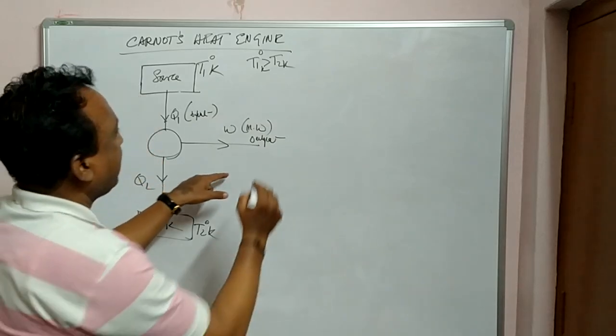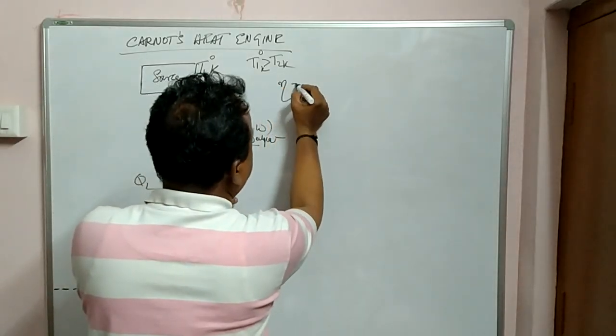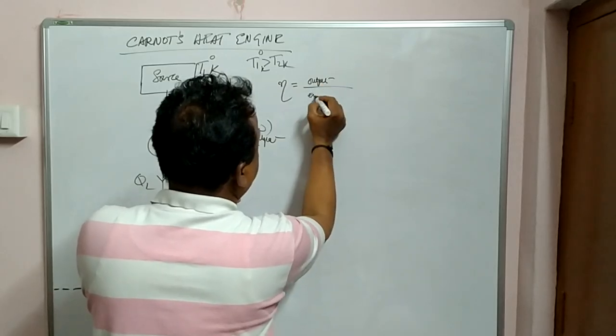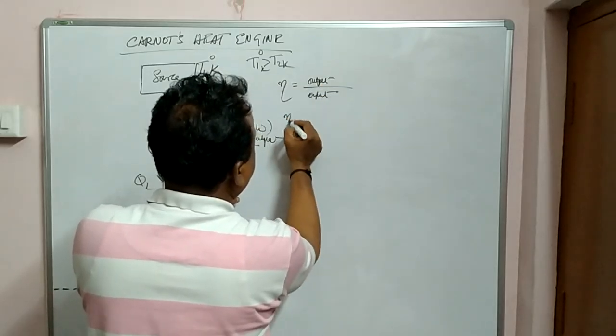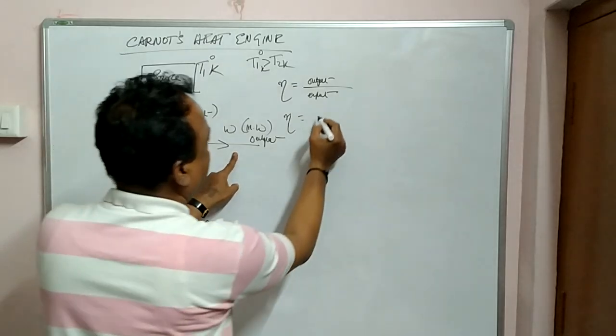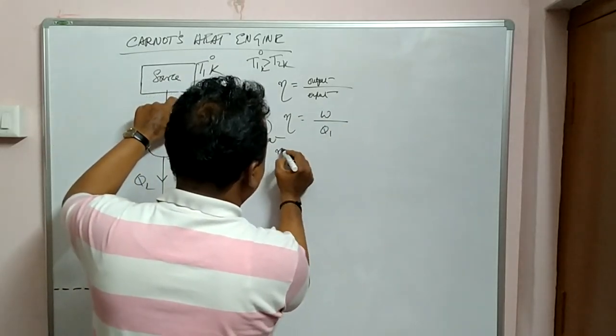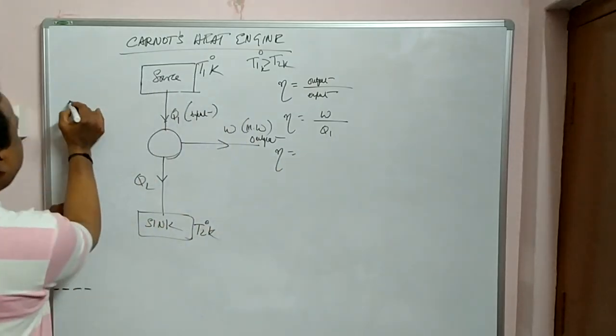Now, Carnot's heat engine efficiency: I told you it is maximum output by input. Therefore, mechanical work output W by input heat Q1. What is W here?